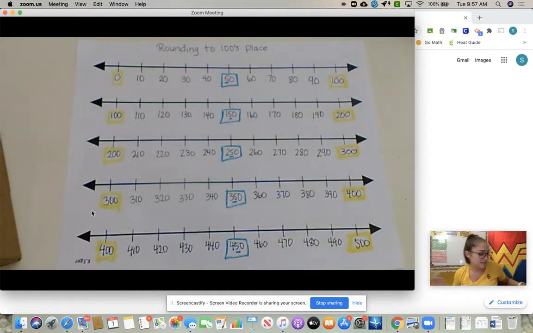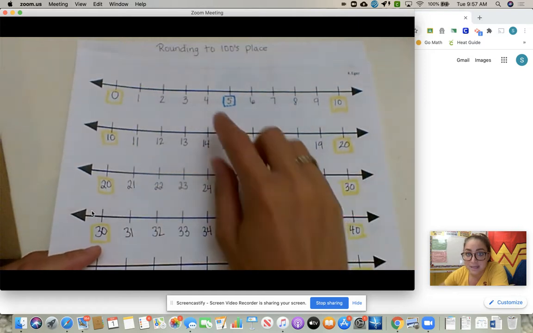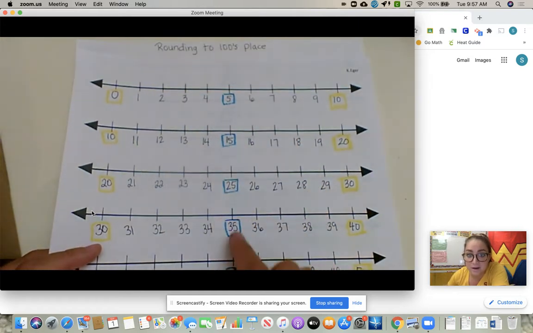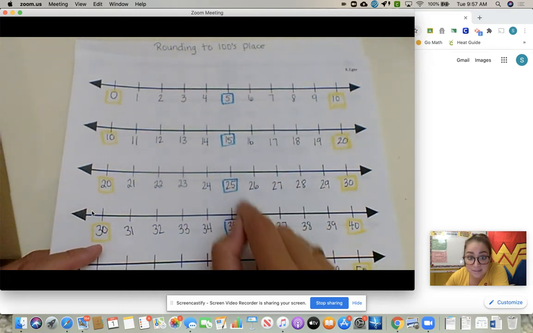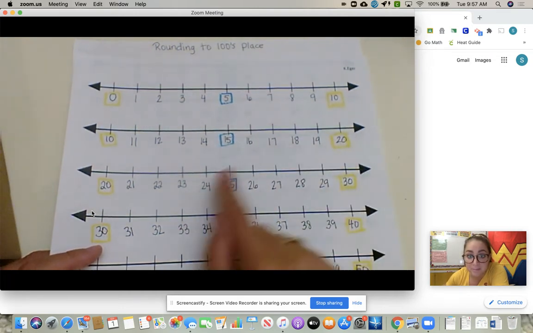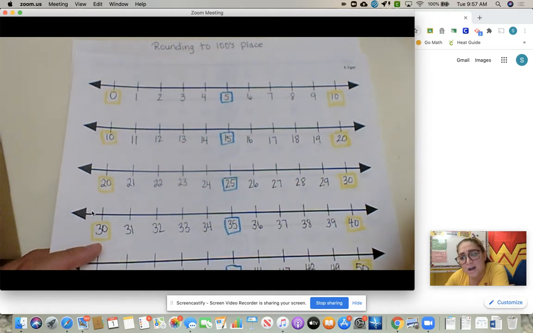Then we discussed how yesterday, this is our rounding to the tens. We discussed that our midpoint, our middle number, when there's a 5 in the ones place, we always round up. Well, now we're rounding to hundreds.